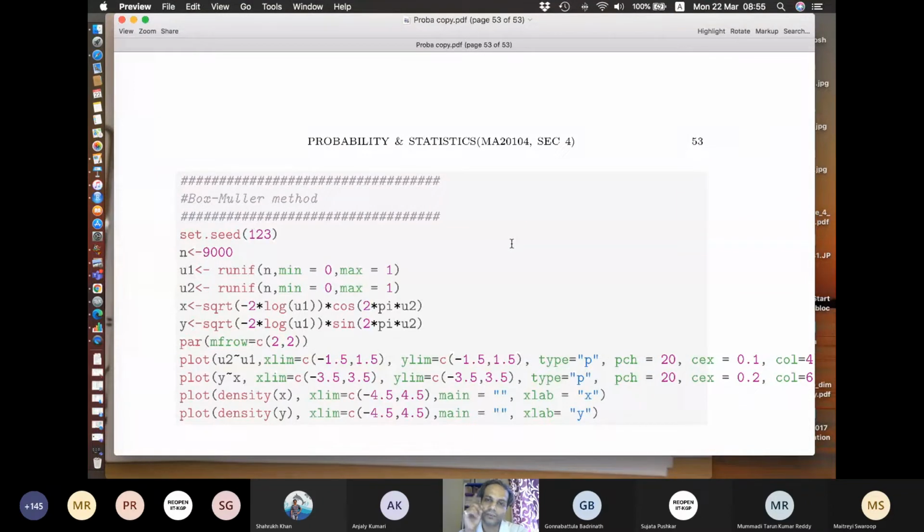The reason is that we cannot do that, but what we can do is obtain a pair of independently distributed normal random variables from a pair of independent uniform random variables. So that thing we are going to study now.